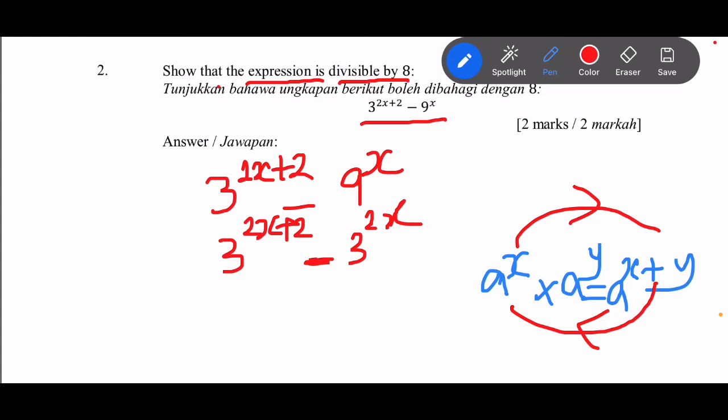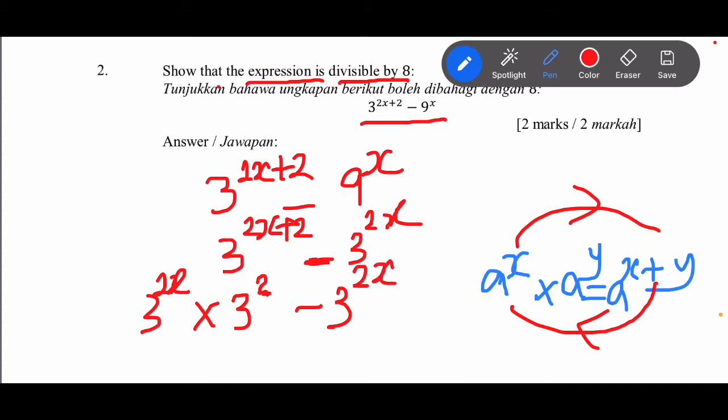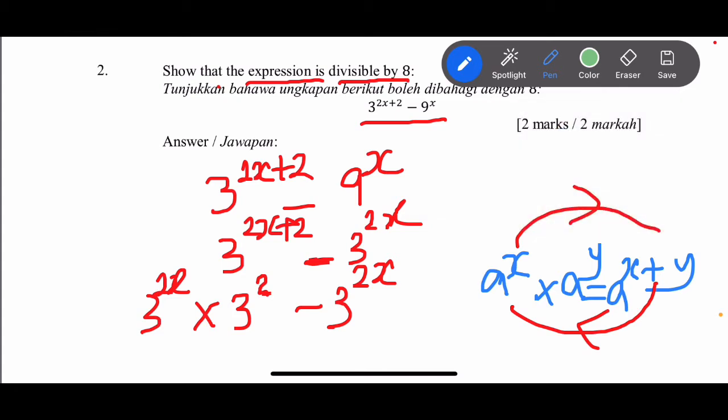So you have 3 power 2x plus 2, so you write 3 power 2x times 3 power 2, minus 3 power 2x. Why do we need to do so? Because we need to factorize the 3 power 2x. Can you see there is a common factor there? That is the common factor that you can factorize.